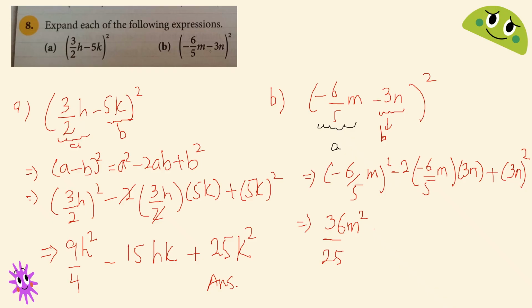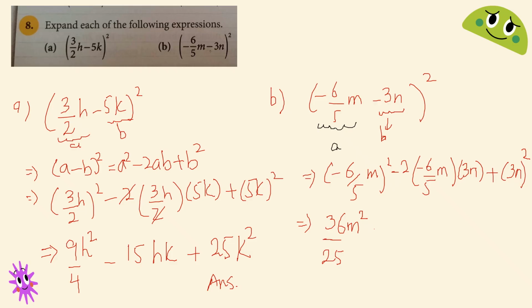Now while solving this, I need to look whether these two divide each other or not. Of course these two do not divide each other, so I need to multiply the numerator with the numerator, and I will write the denominator as it is. So that is minus multiplied by minus is plus, plus multiplied by plus is plus.